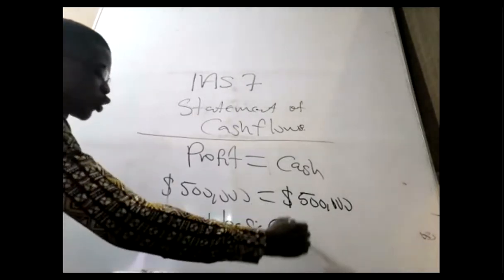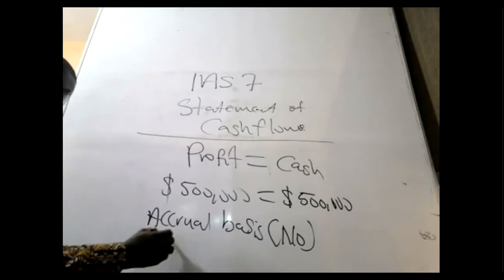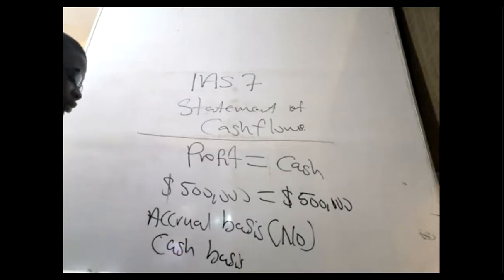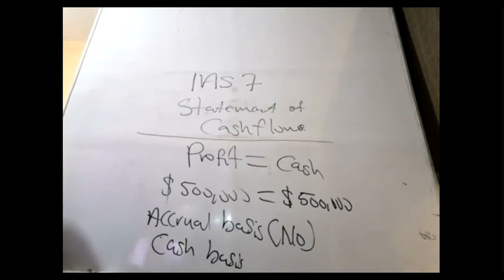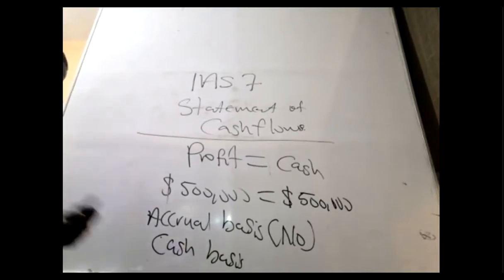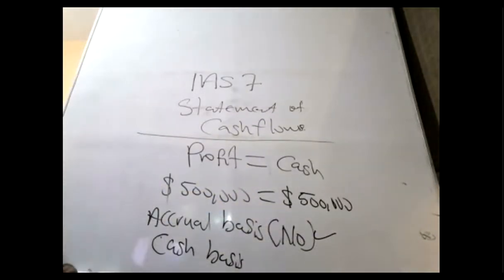So the answer is big no. However, under cash basis, yes, your profit can sometimes be equal to cash. Under cash basis, there's no vast difference between profit and cash. But we prepare financial statements on accrual basis, so let's follow the accrual basis. So no, profit is not equal to cash.